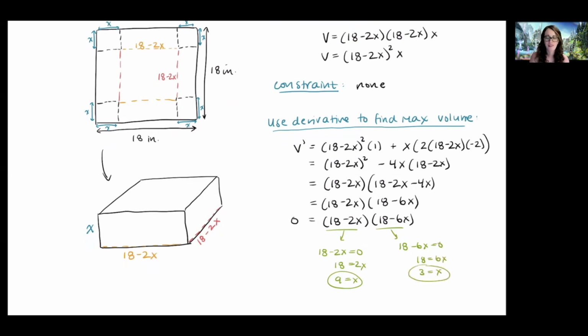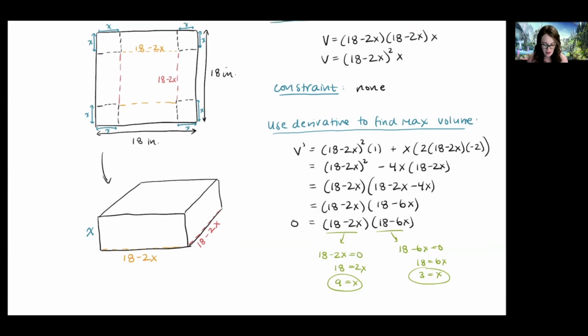All right, so here we've got two different numbers. One of them might be a maximum and one of them might be a minimum. If you stop and think for a minute about what one of these actually would mean, one of them doesn't really make any sense.